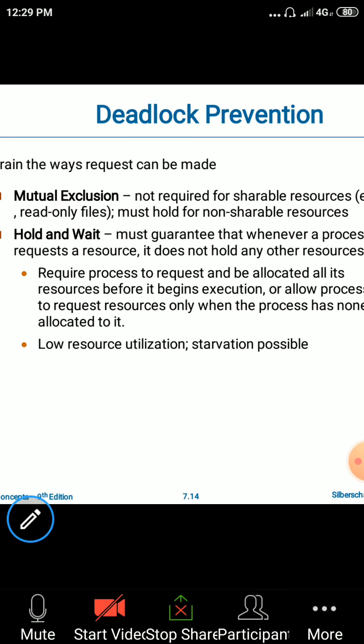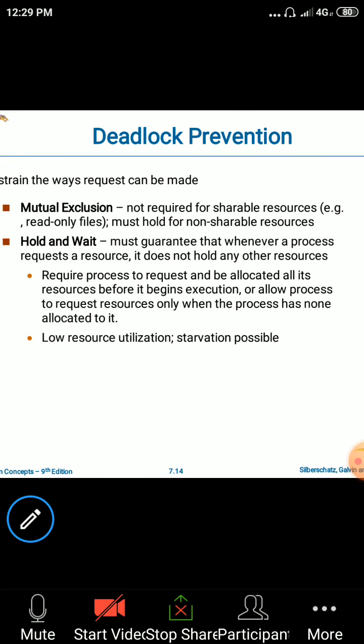Then in the first method, the process is allowed to request all three resources, that is DVD drive, disk, and also the printer. Once all are allocated, the process can execute, means it can copy the data from the DVD drive to the disk file, and then it can take the printout. That is the first method.